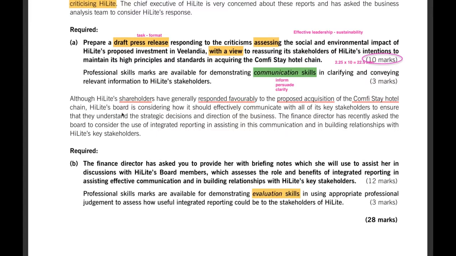So, but the board is considering how it should effectively communicate. To whom? All key stakeholders. What's the purpose? So that they understand strategic decisions and direction of the business.